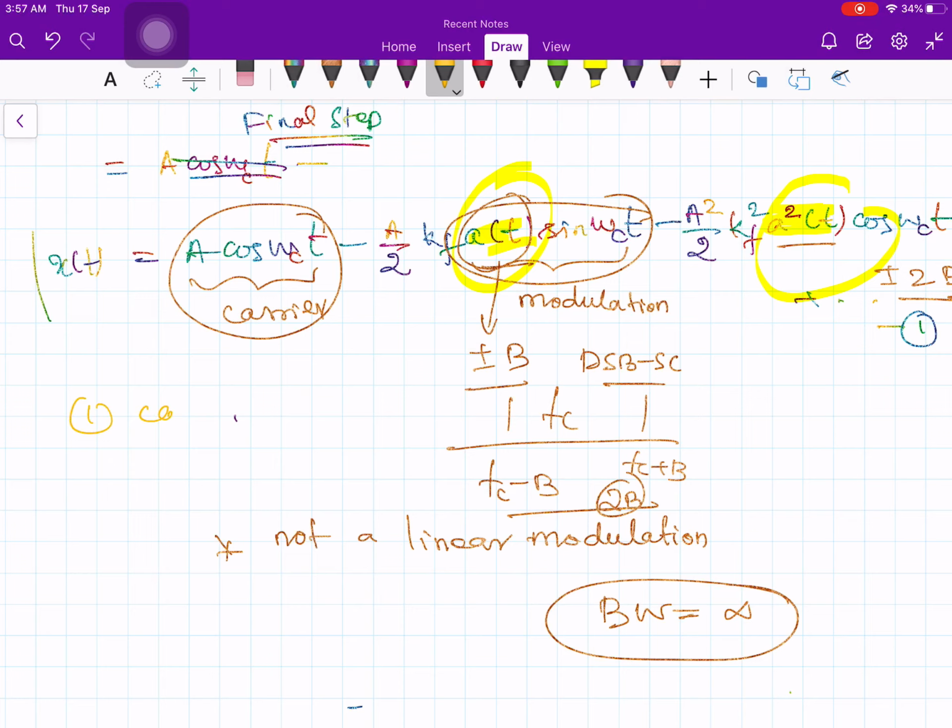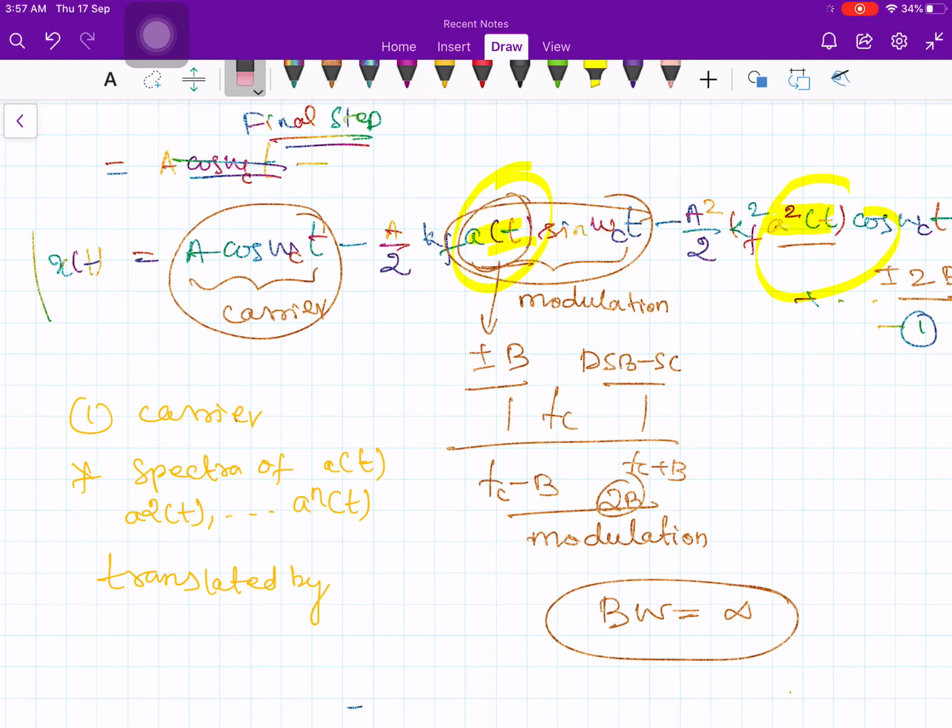So there are various components that you have here in this expression. One is carrier and the second one is spectra of a of t, a squared of t up to a to the n of t, translated to fc.